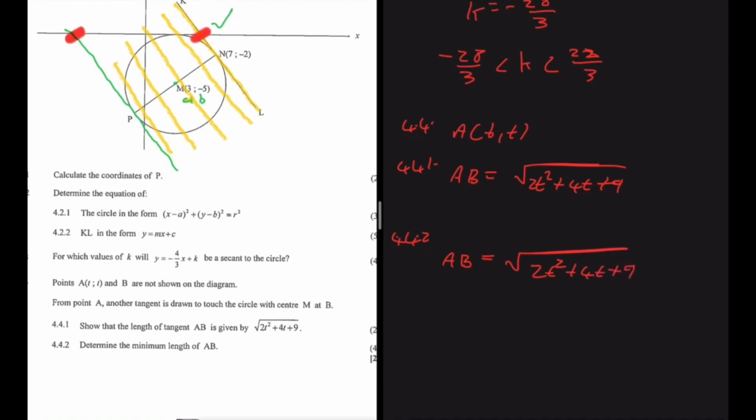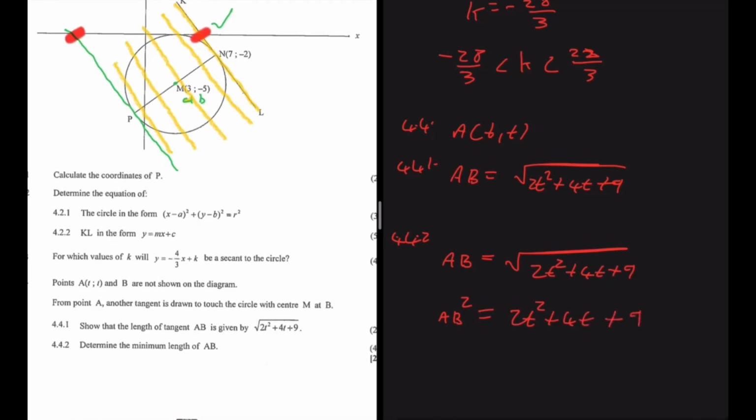Because we have a square root here and I don't like dealing with square roots, I'm going to square both sides so that I can easily digest the problem. So I will have AB squared equal to 2T squared plus 4T plus 9.